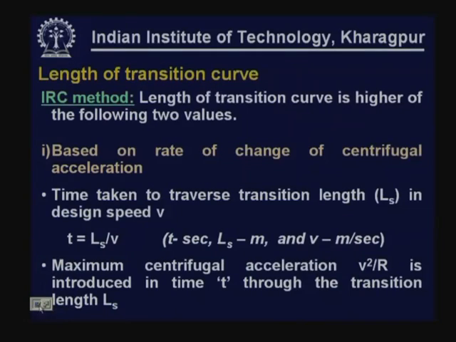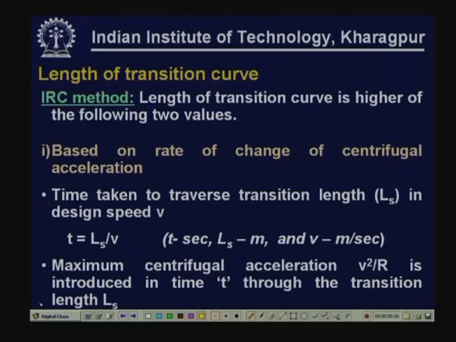Basically, two aspects are considered, and considering each of the two aspects, the length is calculated, and the higher length between the two is adopted for design purposes. Let us look at the basis. Number 1, based on rate of change of centrifugal acceleration.